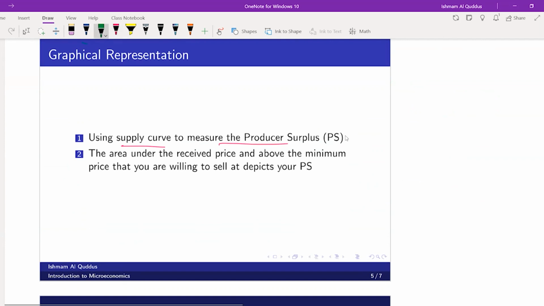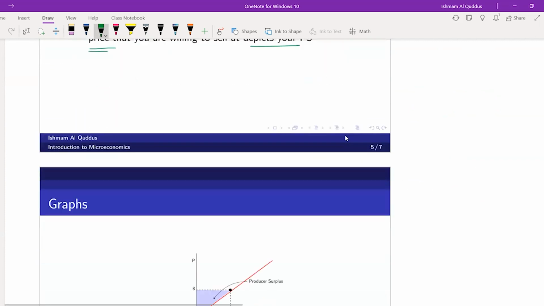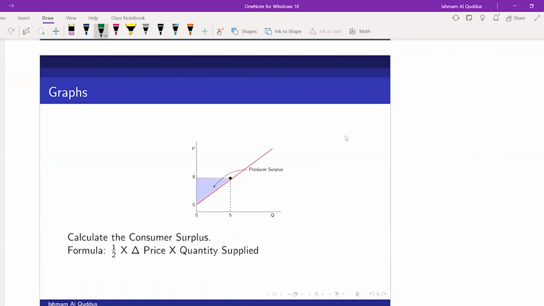The area under the received price, the amount received, and above the minimum price, that is your WTS, depicts your producer surplus. So look at this example. This would help you understand the concept graphically.